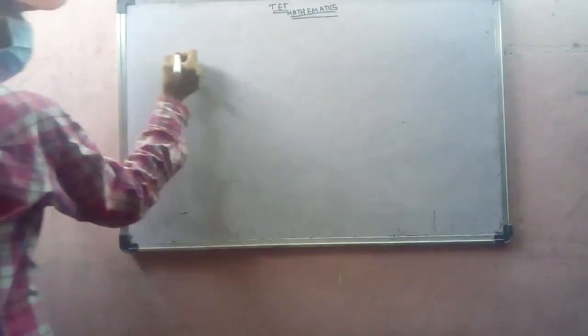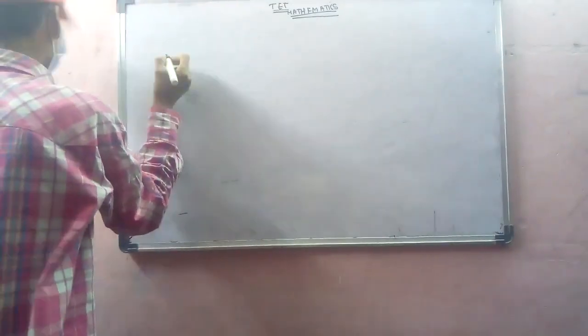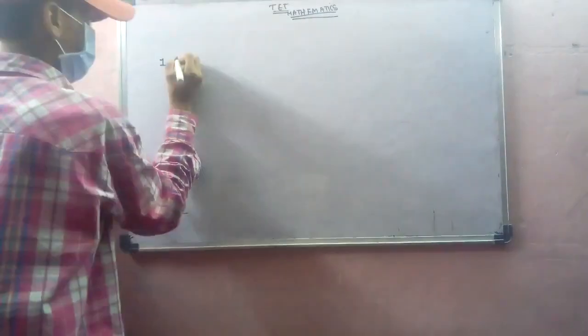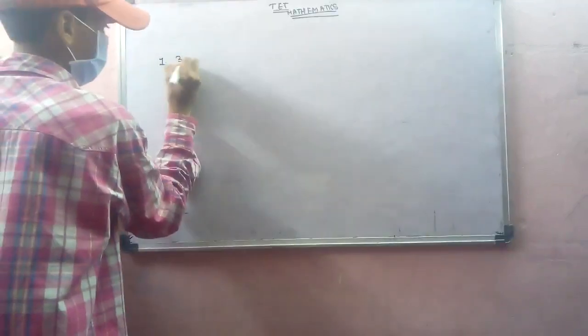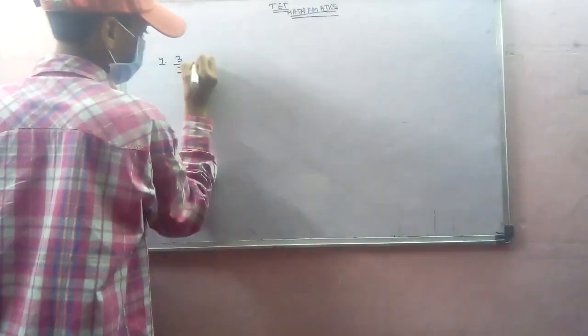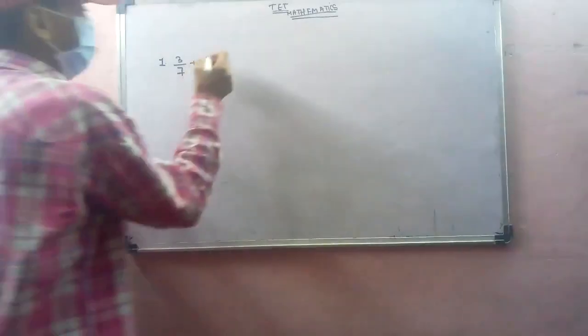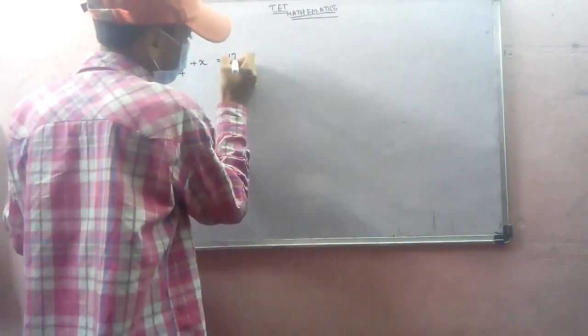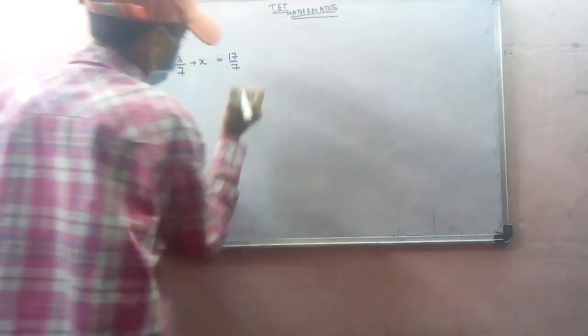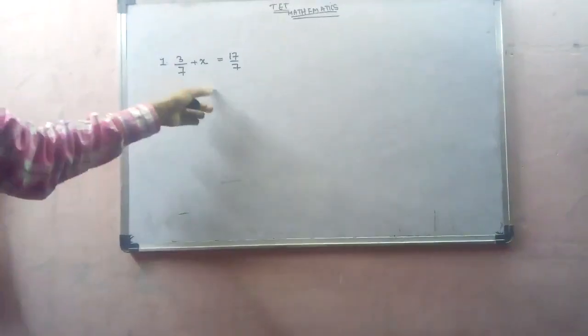So the first question is 3 by 7 plus x equal to 17 by 7.